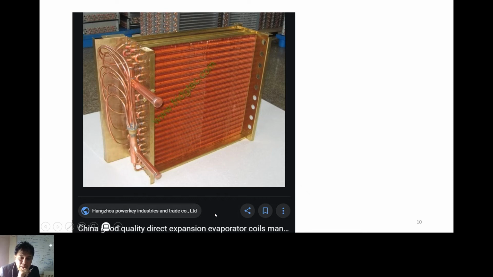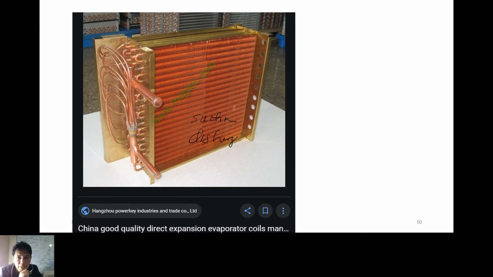Now to show you how an evaporator looks like, this evaporator is for automotive. If I'm gonna ask you, how many ports does the evaporator have? Di ba sabi natin merong suction at discharge? Kasi papasok din yung tubig, pang-evaporate kung tubig man.